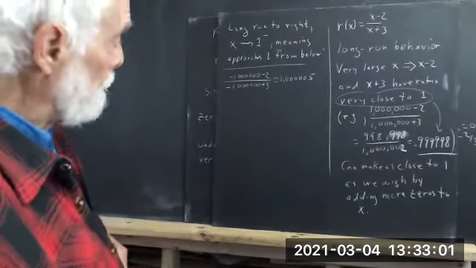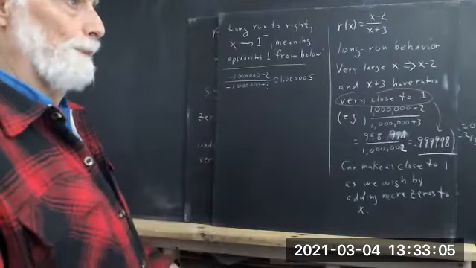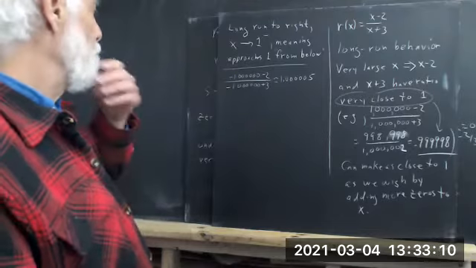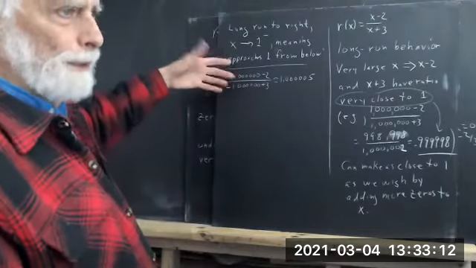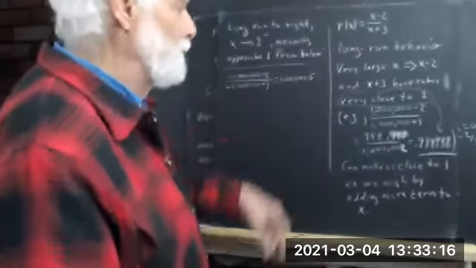I think I've got the right number of zeros there, but you get the idea. This is going to be about 5 more than this, or 5 less than this, but with negative in front of it. And that's the way it's going to work out.